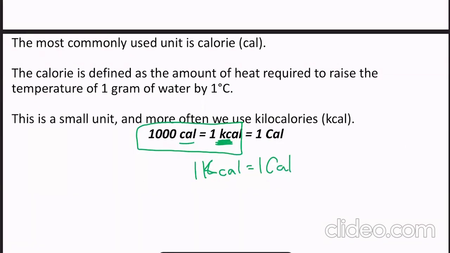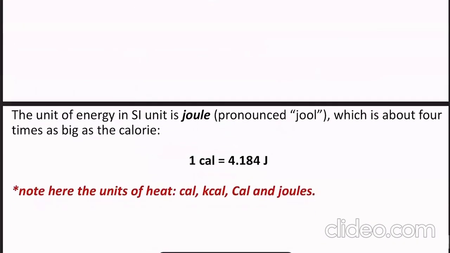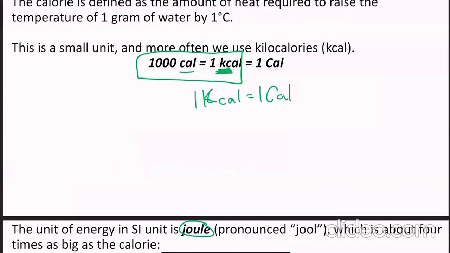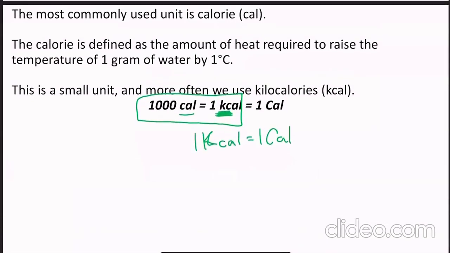Okay, so those are going to be units of heat. Now, we have 3 units here that represent heat, not temperature, but heat. So there's one more, and that's what we call the joule here, right? So that's the 4th one. As far as calories are concerned, this is a unit of heat that raises the temperature of 1 gram of water by simply 1 degree Celsius.